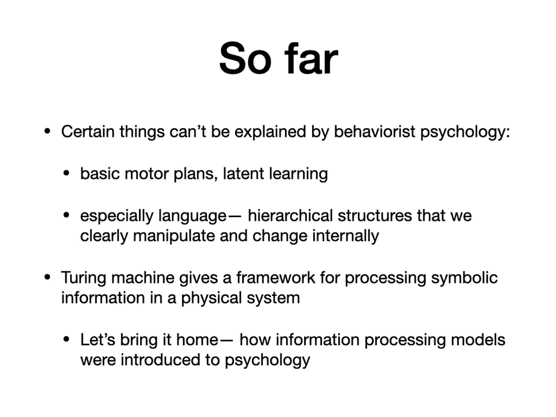So far, certain things can't really be explained in the behaviorist framework, right? Basic motor plans, the top to bottom, like I have to plan some execution pattern, but a lot of my muscles are going to have to talk to each other up and down along the way. There must be something happening there, some kind of feedback, some kind of hierarchical programming.